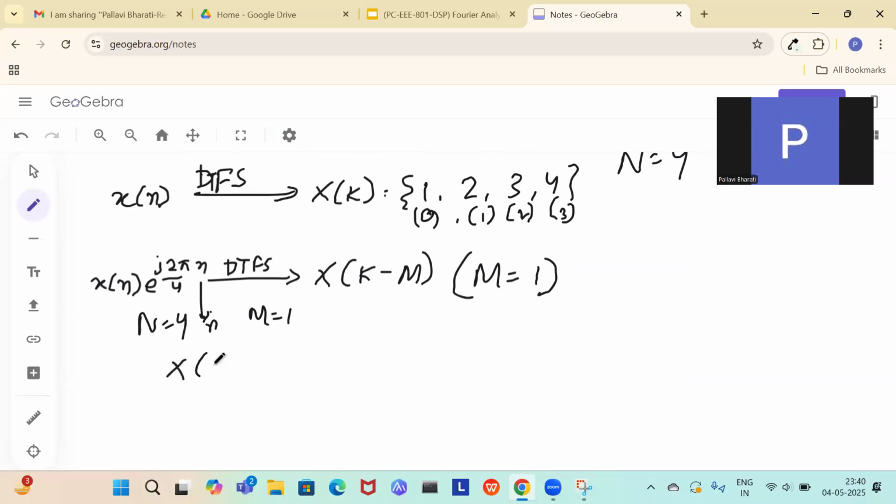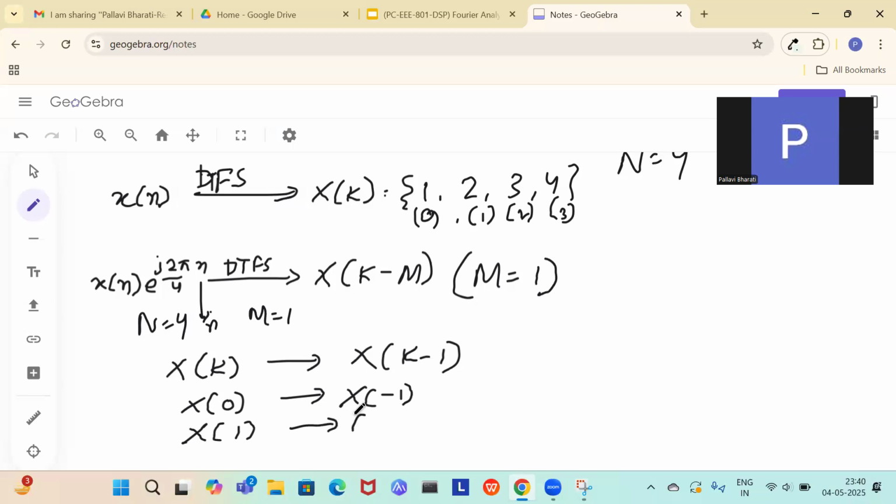X[k] is now going to become X[k minus 1]. The first one, which was at 0, will now become X of minus 1. The one which was at X of 1 will become 1 minus 1, that is X of 0.